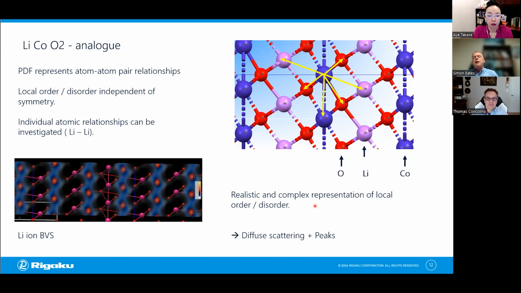In fact, that's a precursor to what they call the rock salt transformation for NMC, which kills the battery completely. So the channel width is critical, and we need to make sure it doesn't collapse. It shouldn't nucleate, or is that the right word? Yeah, nucleate this transition to the rock salt structure, which will kill the battery completely.